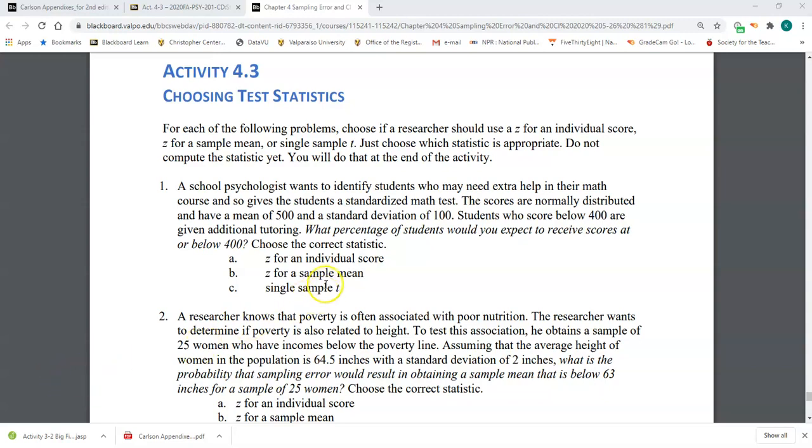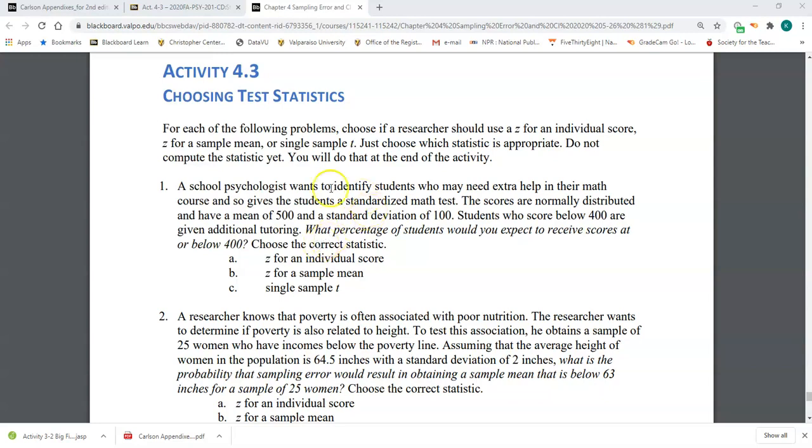Where I'd encourage you to start is by reading the scenario and trying to identify if it's asking about a sample or a group of people, or if it's really trying to identify an individual score.